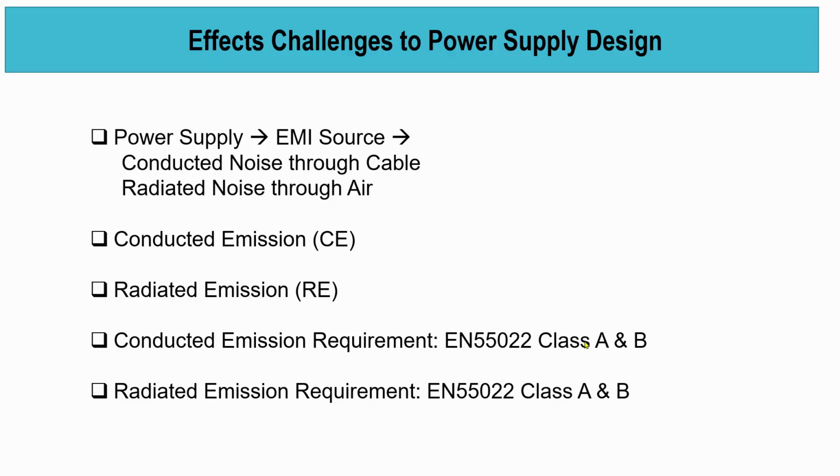So we have two different types of requirements, the most popular one being the conducted emission requirement, and we have radiated emission requirements that we have to follow and design your power supply to comply with.